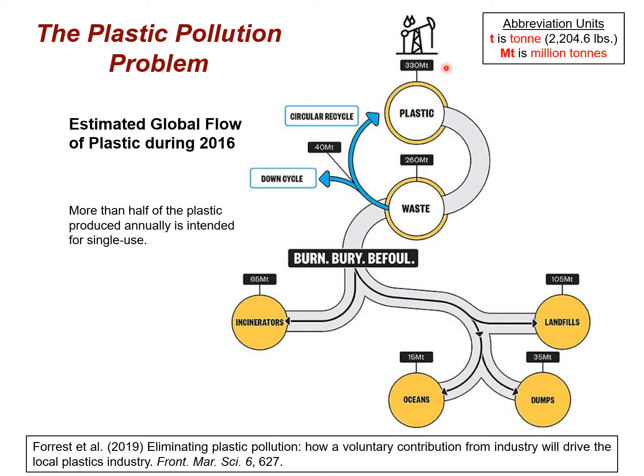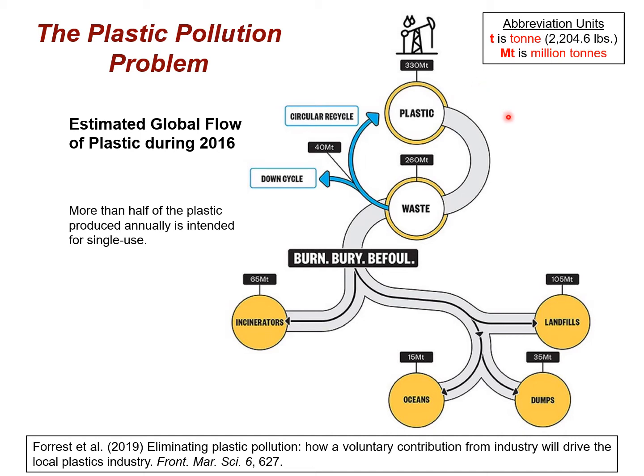And millions of metric tons are represented by the abbreviation capital M lowercase t. And a ton in this context is known as 2,204.6 pounds, as opposed to being a ton spelled as TON, where we're used to seeing that as 2,000 pounds. There's a little difference in the amount.